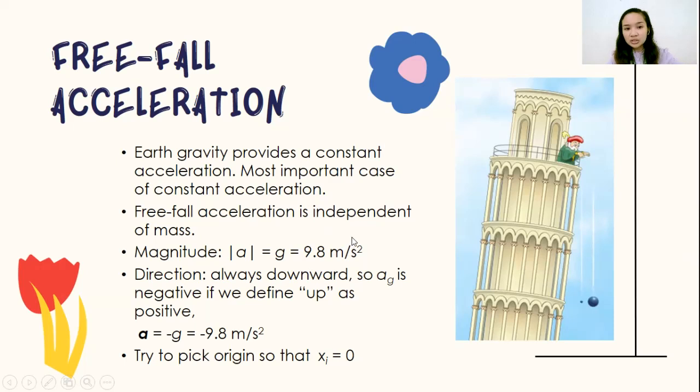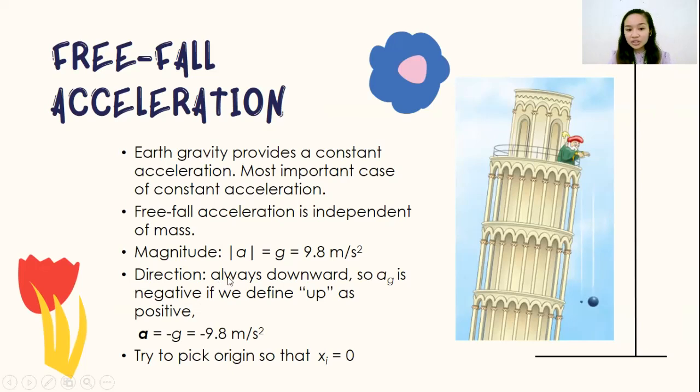Okay, so it is understood kapag si object is falling, okay, kapag nahuhulog si object, our acceleration is due to gravity. Okay, so gravity is given by 9.8 meter per second squared. Okay. So this is a special case for acceleration.